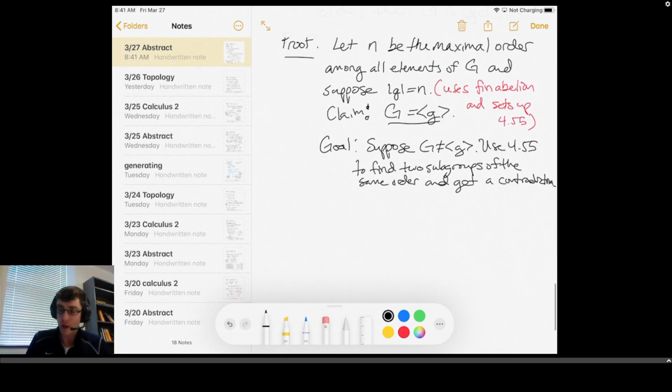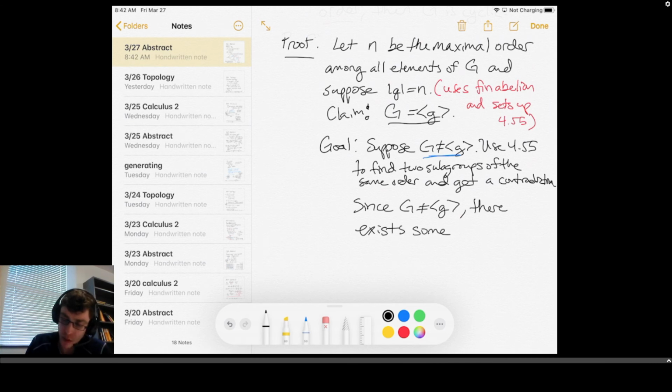Okay, let's get after it. We're assuming here that G is not generated by little g. This means there has to be some element that is not a power of g. So since G is not equal to this, there exists some H in G such that H is not in this subgroup.